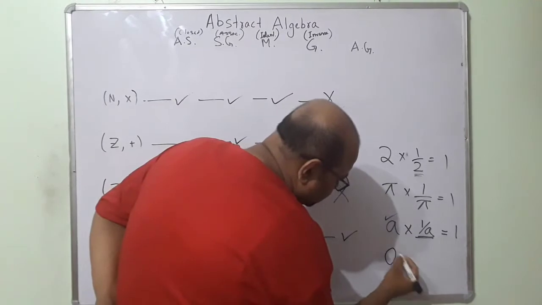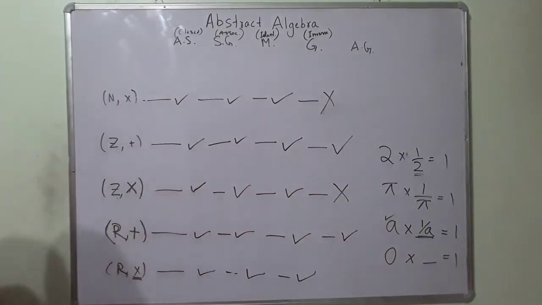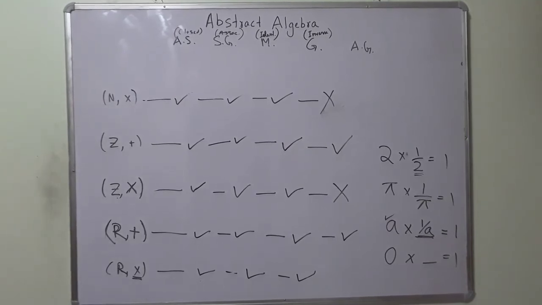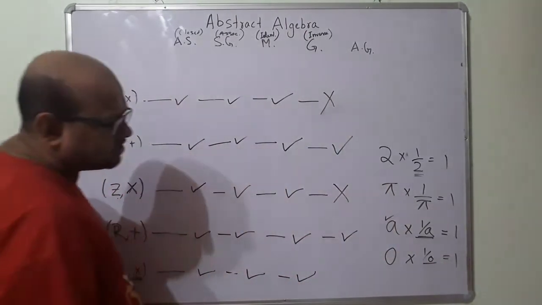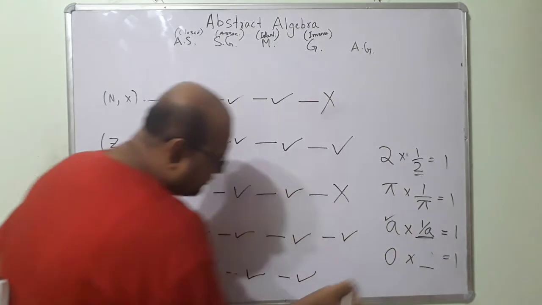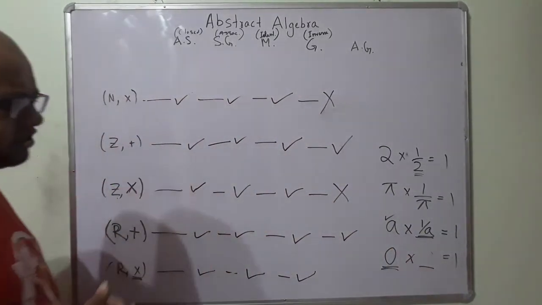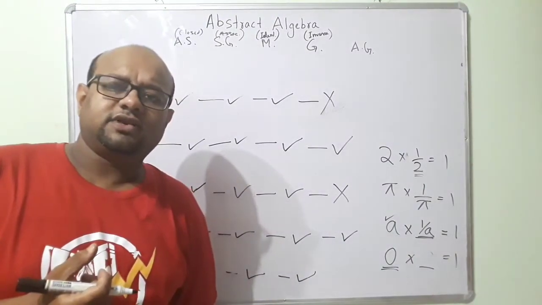What about 0? 0 into what is equal to 1? 0 is of course a real number. So this does not make sense, right? 0 into 1 by 0 is equal to 1. This does not make sense. So 0 is a real number, but it does not have a multiplicative inverse that belongs to the set of real numbers.